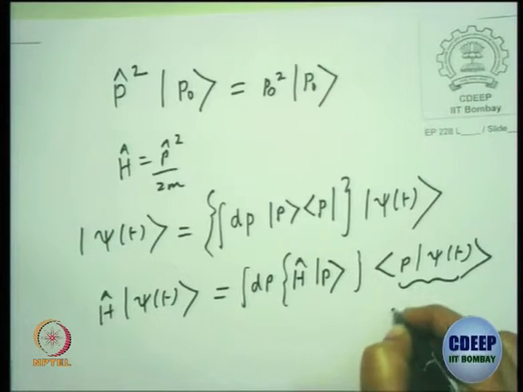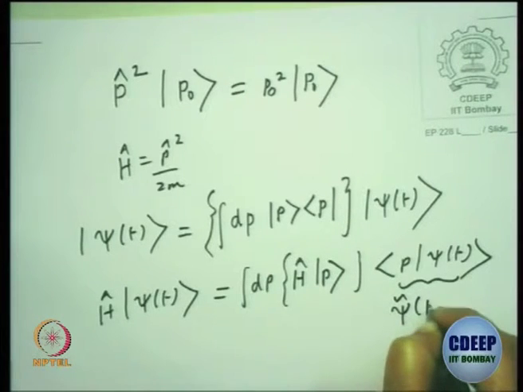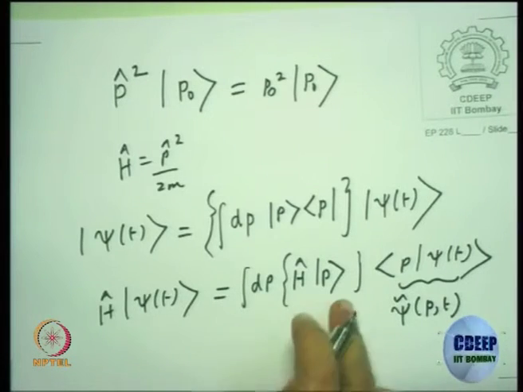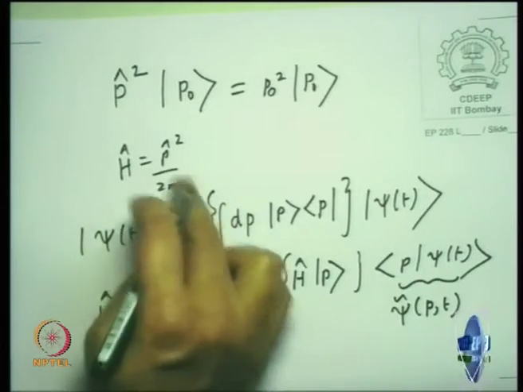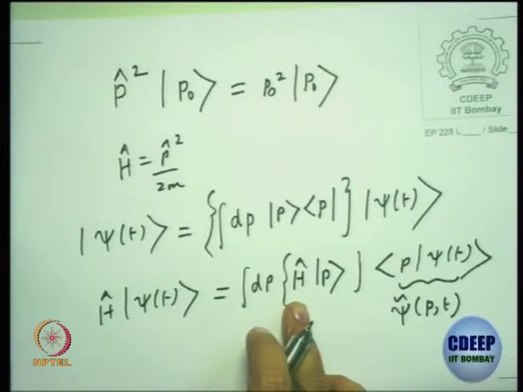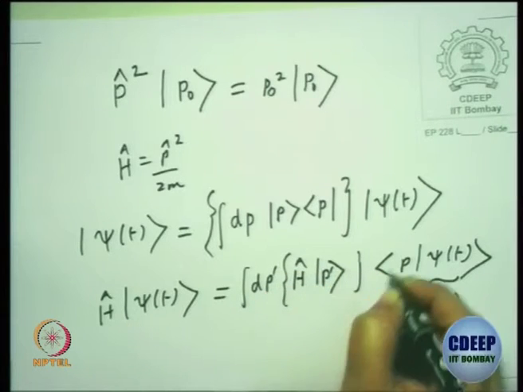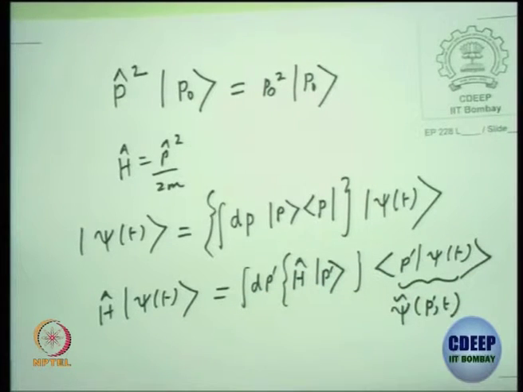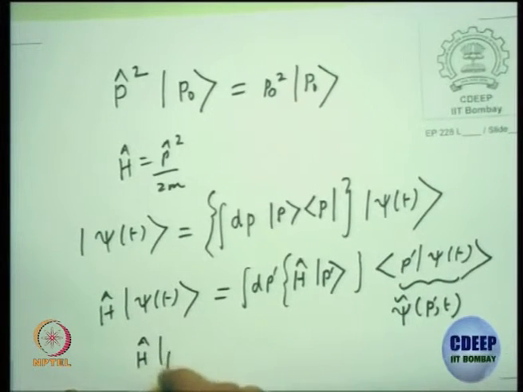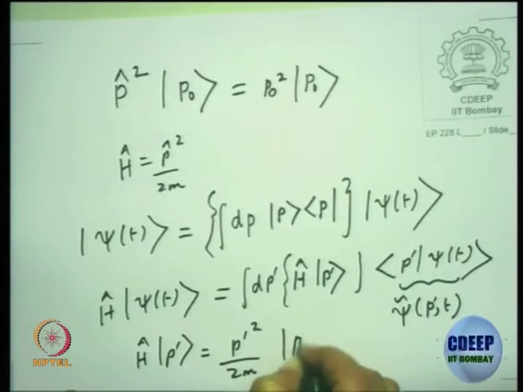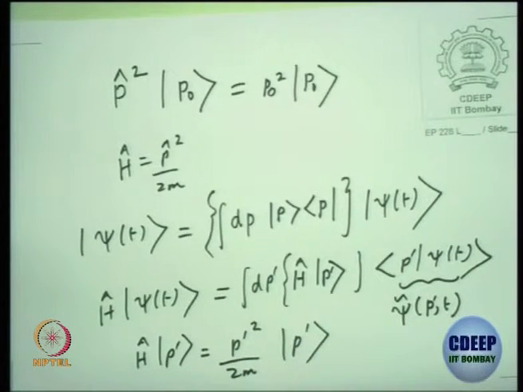So, we will call this psi tilde of p, t, and H on |p>, for p squared over 2m, will give you just an eigenvalue. So, this is just a dummy variable. If you want, you can put a p prime, and then you can use the fact that H hat on p prime is p prime squared over 2m on p prime. It is an eigenvalue equation in the momentum space.